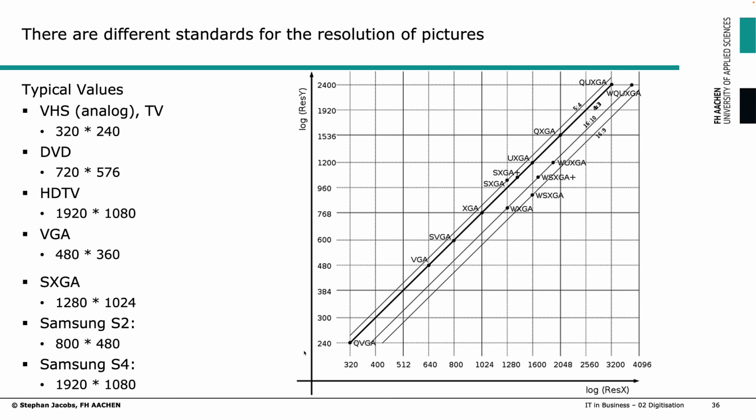So there are lots of resolutions which are standardized. On this graphic, on the diagram on the right, you see some diagonals, and these diagonals represent the relation 16 to 10 or 16 to 9 or 4 to 3 of the horizontal to the vertical of a monitor.